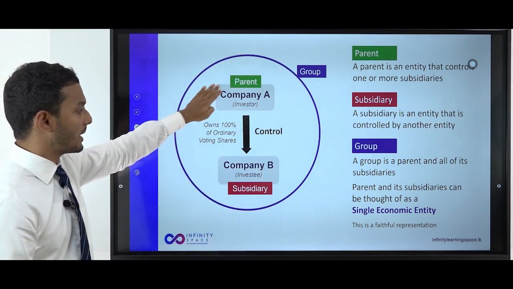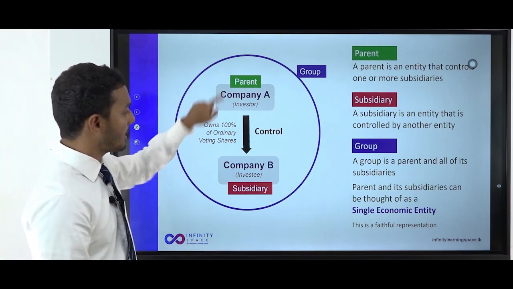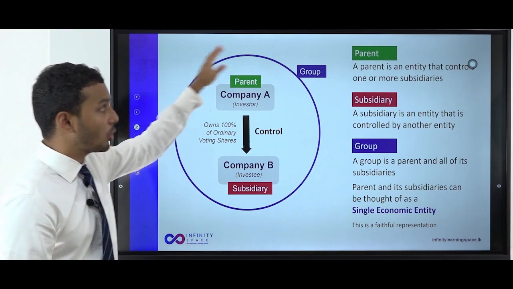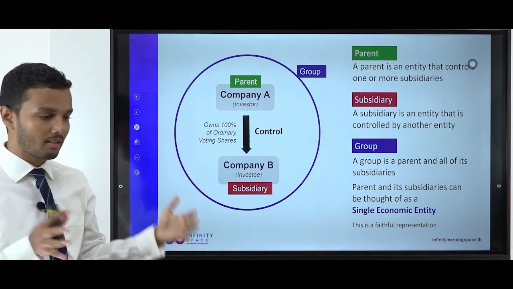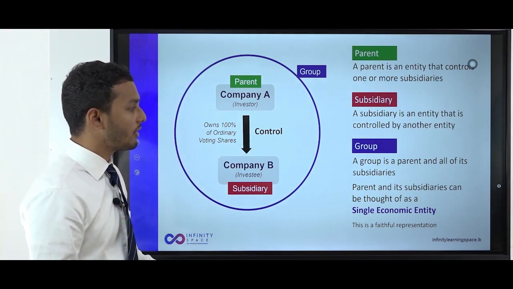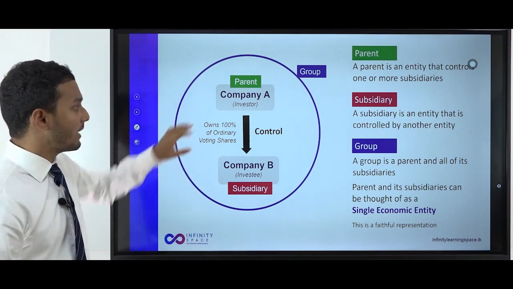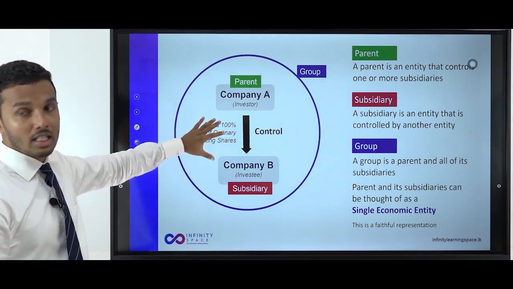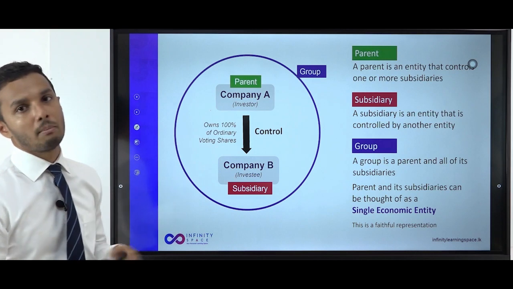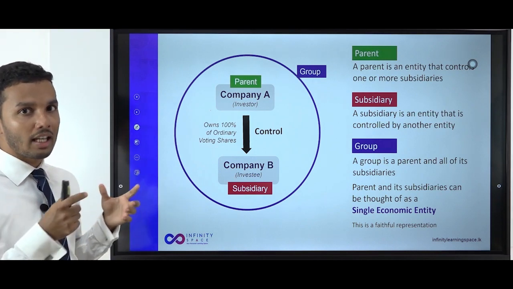So legally, company A, company B, but for accounting purposes, we are going to assume company A and company B can be put in one big economic entity called the group. So company A and B form what we call a single economic entity, meaning even though legally there are two different companies, because company A controls company B, we can think of both of them as a single economic entity.